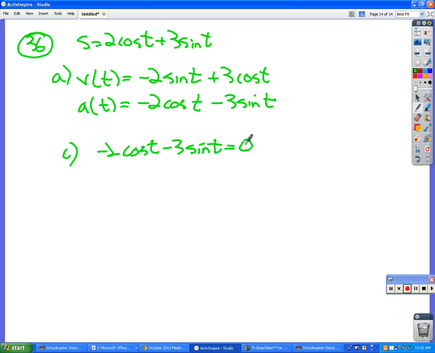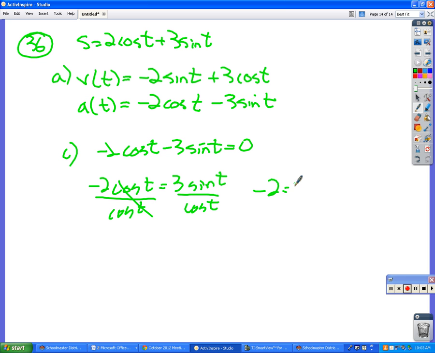To solve this, get them on opposite sides. And then I am going to divide both sides by cosine. The reason I did that is because sine divided by cosine is tangent.